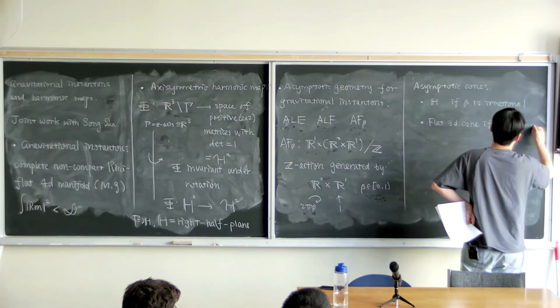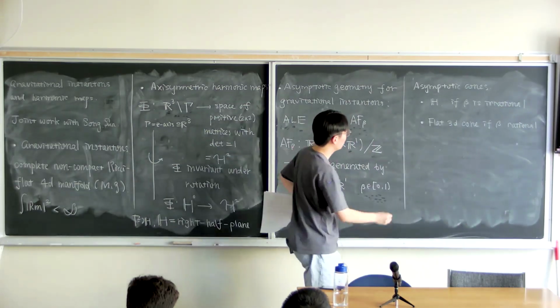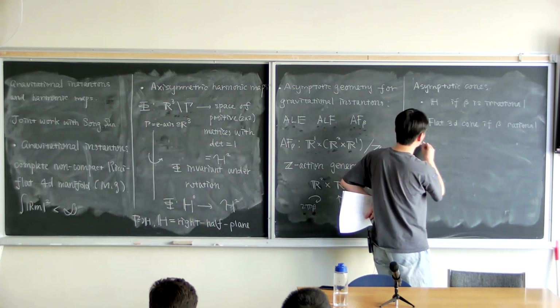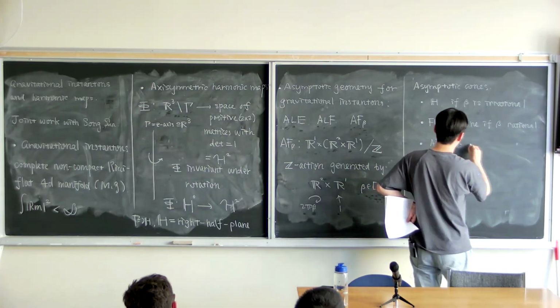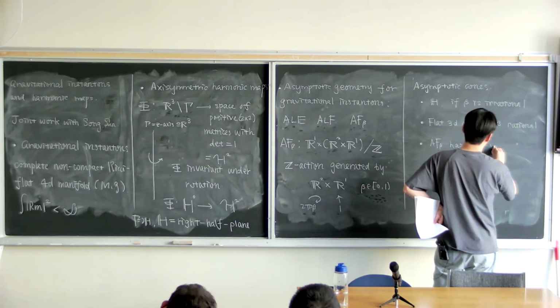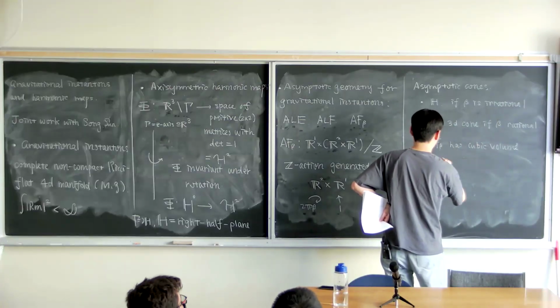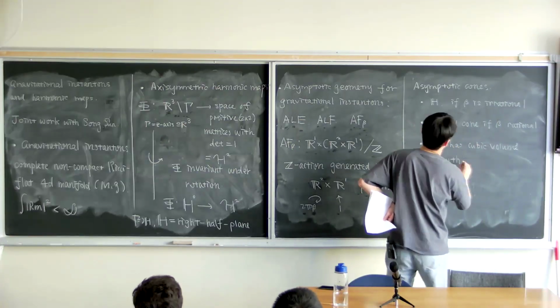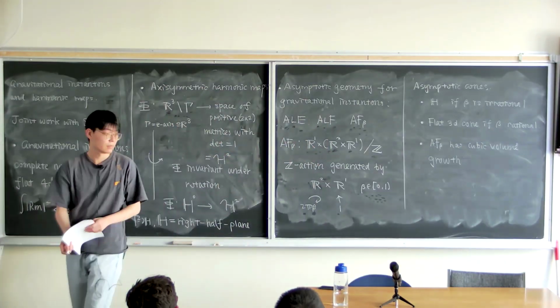And one more thing about this AF beta asymptotic model is that it has cubic volume growth. These are just some basic facts about this asymptotic model here.